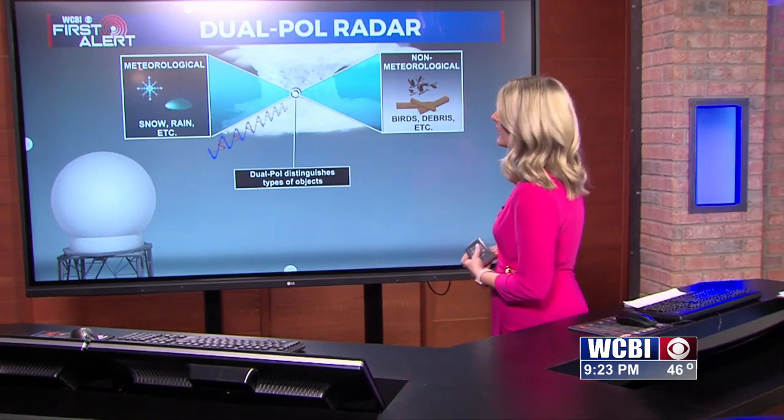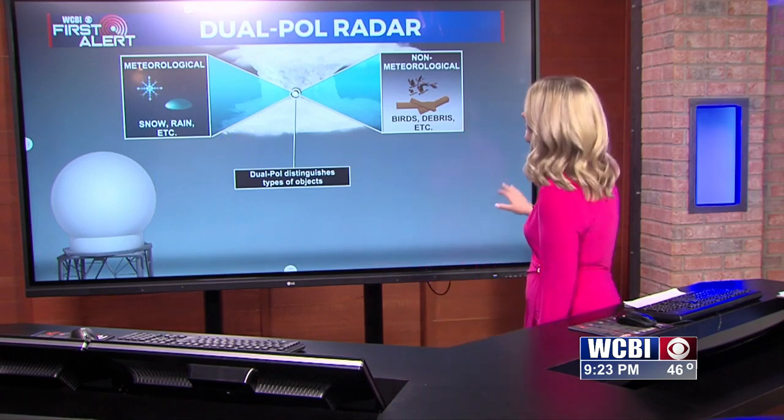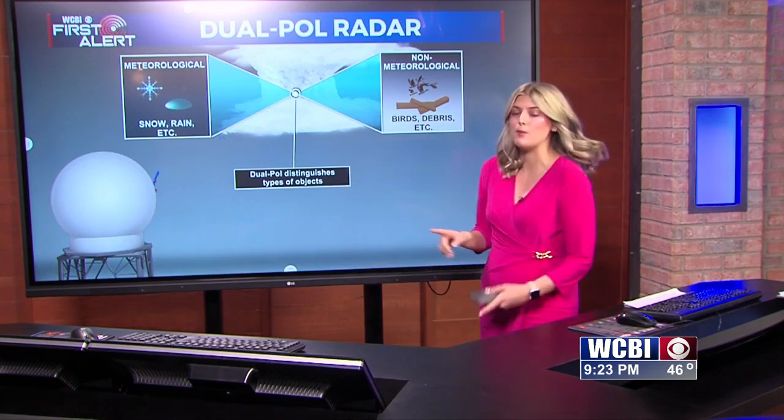And there are two types of targets, meteorological targets and non-meteorological targets. Meteorological targets mean hail, ice crystals, and raindrops. Non-meteorological targets can be birds, debris, and even insects. So it can see a lot of things thanks to the radar.